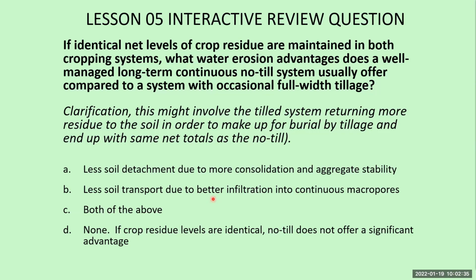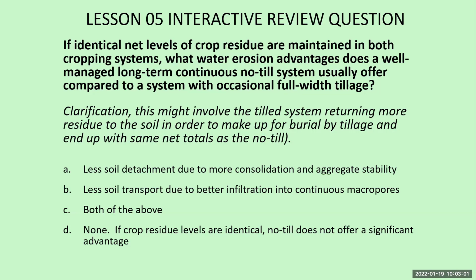So here's our interactive review question to end this lesson. It actually covers a point that I just made here before we ended. We have identical net levels of crop residue in two systems. So same levels of residue.